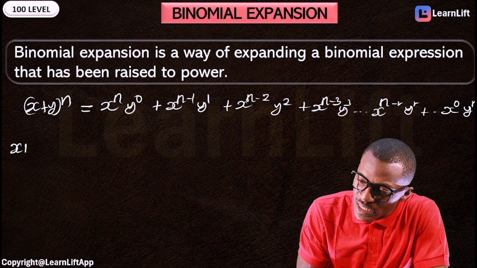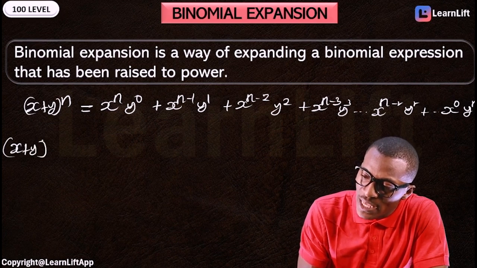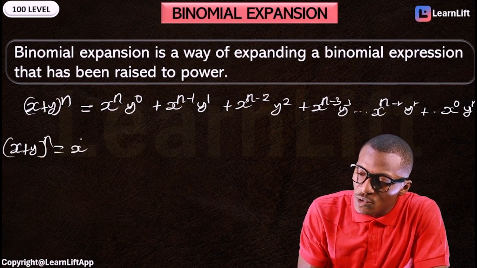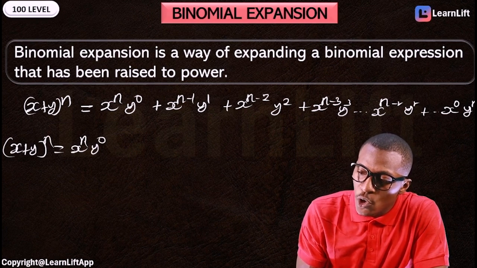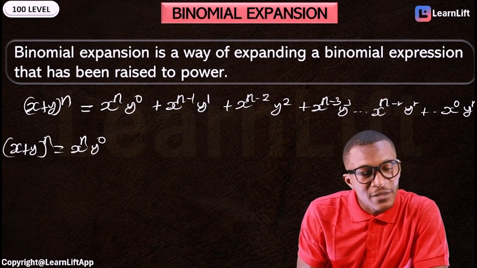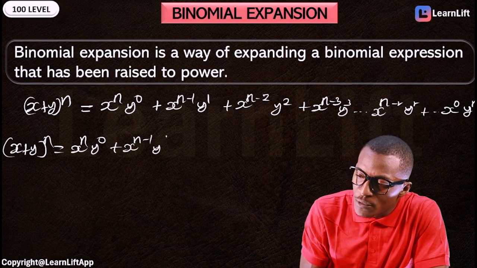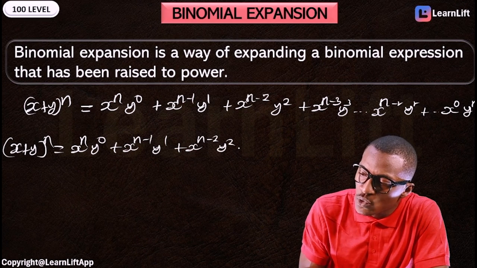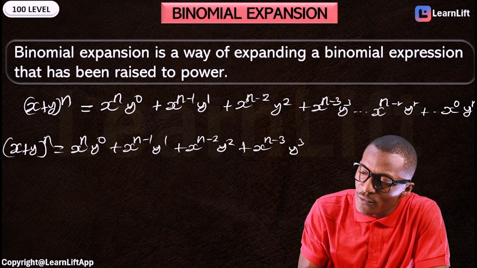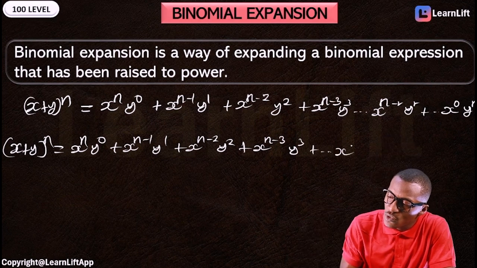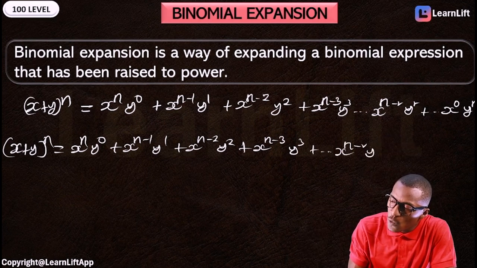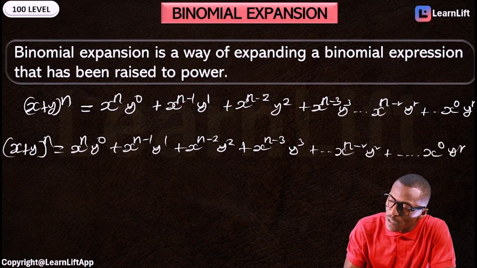Look at this, I'm just writing the same thing. x plus y raised to power n now becomes x raised to power n, y raised to power 0. So y started from 0, x started from n, plus x to the power n minus 1, y to the power 1, plus x to the power n minus 2, y to the power 2, plus x to the power n minus 3, y to the power 3, plus dot dot, x to the power n minus r, y to the power r, plus dot dot, x to the power 0, y to the power n.